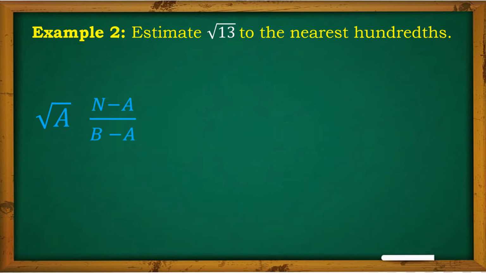Para naman kay example number 2, estimate the square root of 13 to the nearest hundredths. Ganun pa rin. I-identify natin yung dalawang successive perfect square kung saan siya nakapagitan. Okay, so ang dalawang successive perfect square kung saan siya nakapagitan is si 9 and si 16. Diba?